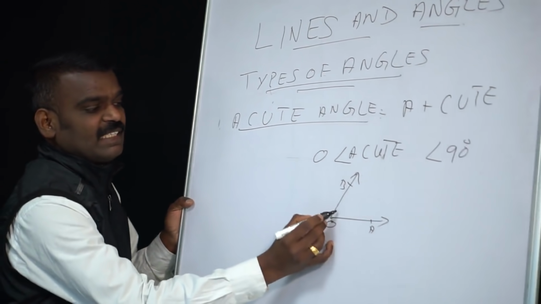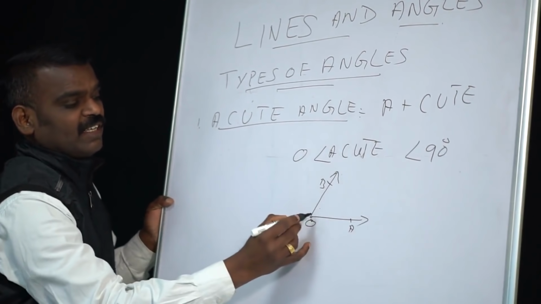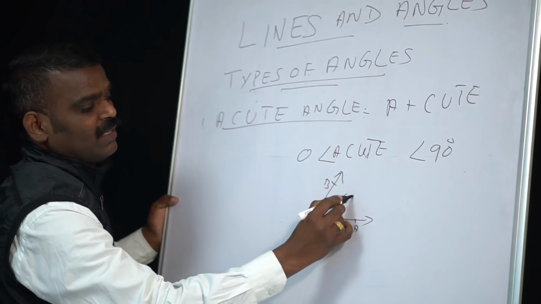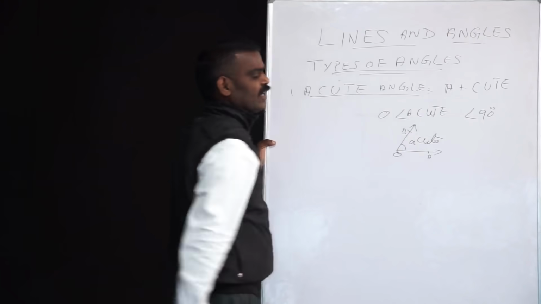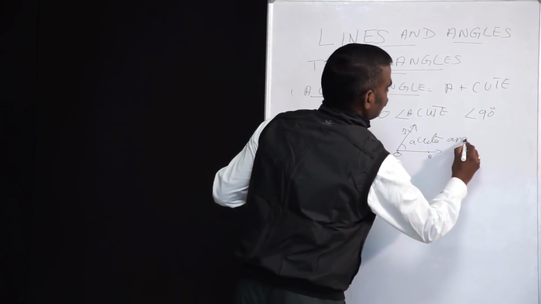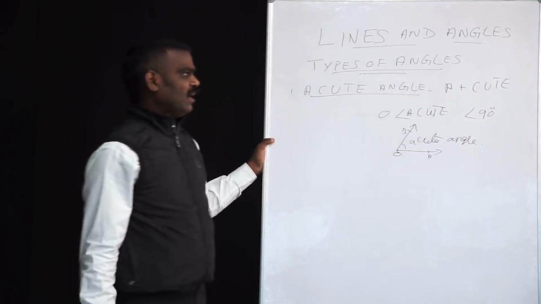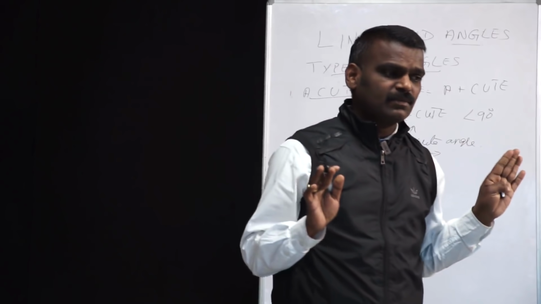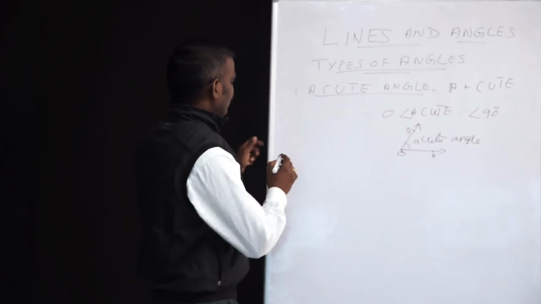So, this angle is less than how many degree? 90 degree, greater than 0. So, this is called acute angle. Clear? Regarding acute angle, any doubts? Okay.